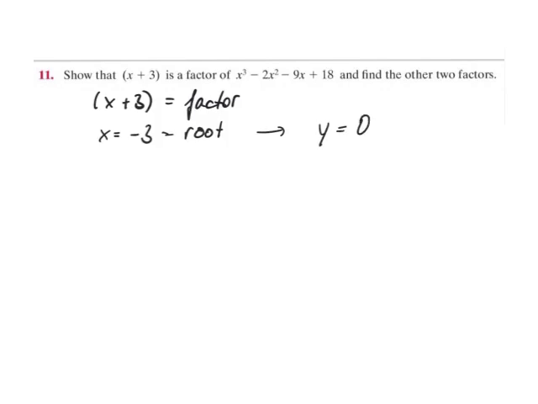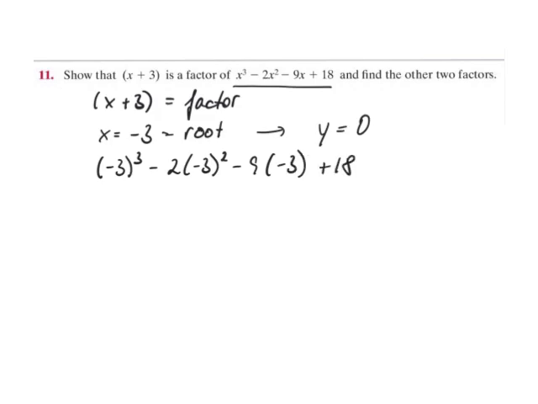So all we need to do is put that minus 3 into this equation and show that it comes to 0. So minus 3 cubed, so the brackets are very important, minus 2 times minus 3 squared, minus 9 times minus 3 plus 18, and we have to show that this equals 0.